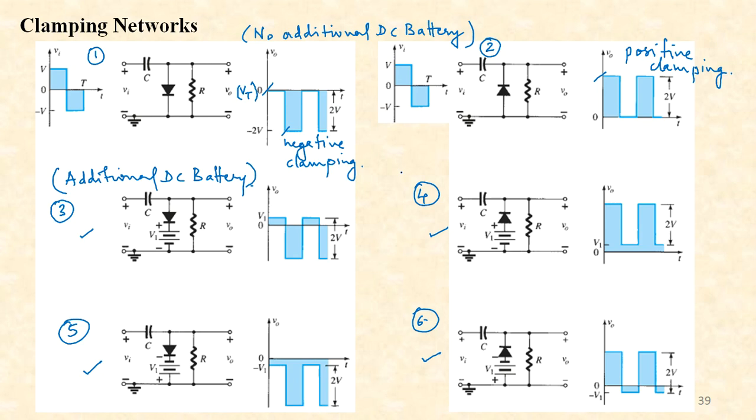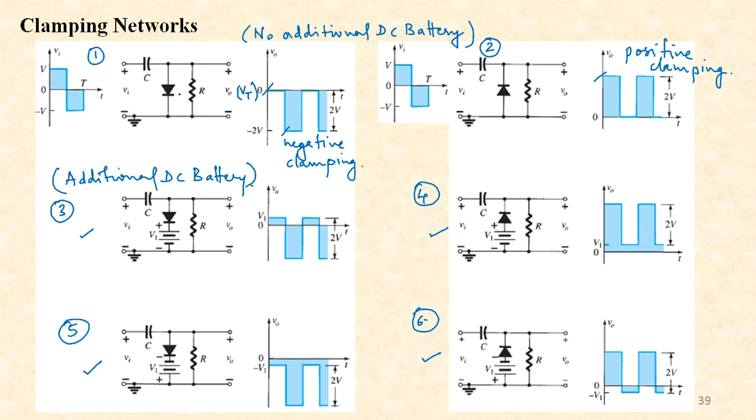Next, that's the summary of all the clamping networks which can possibly be given to you. The first and the second ones are the simplest form of clamper circuits without any additional DC battery, so you can just cross verify the principle here.